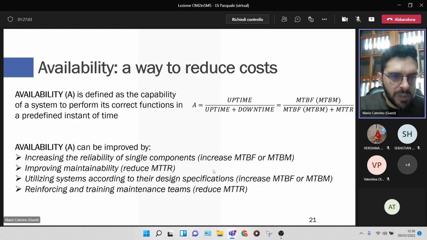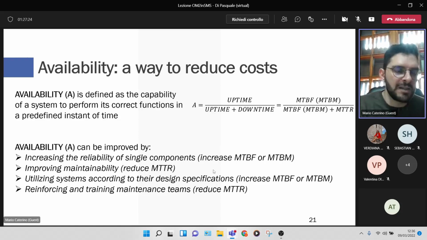The availability can also be improved by using systems according to their design specifications. In this case, it is an issue of the company using a system to ensure that the system is working in the correct conditions.